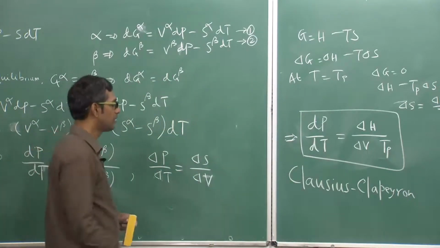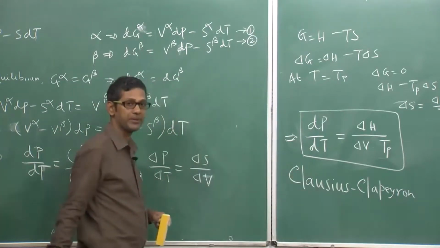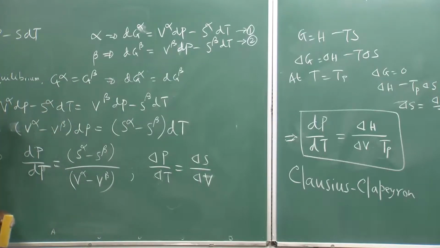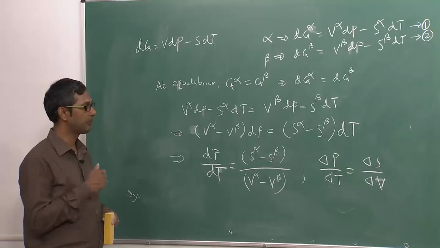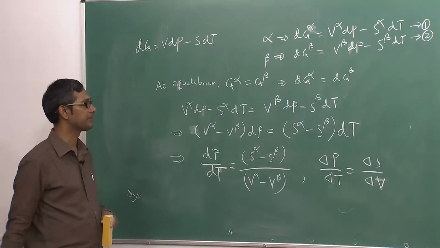This tells you the effect of pressure on the temperature. So if I know the delta H, that is the heat of transformation, and if I know the volume change delta V, we can calculate the temperature change of these phase boundaries as a function of pressure.